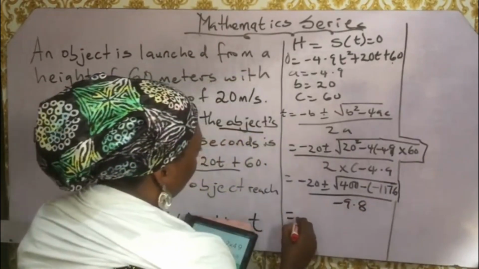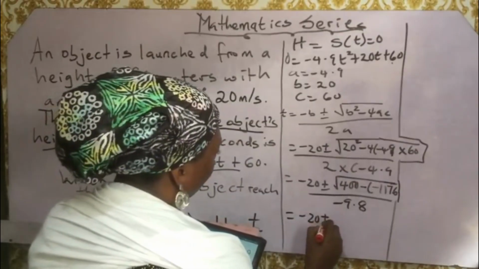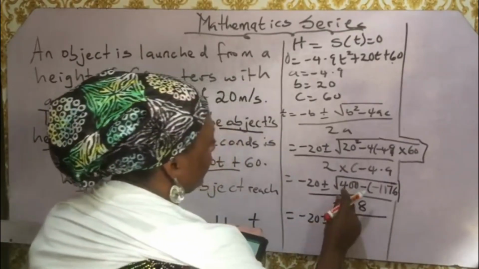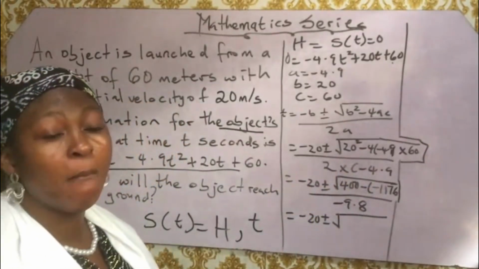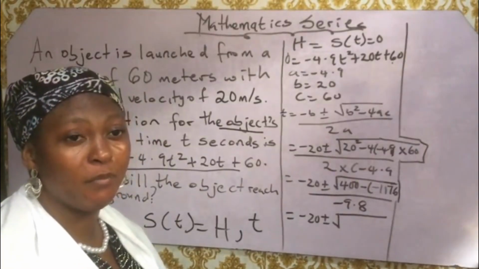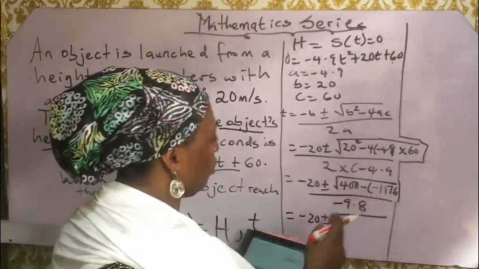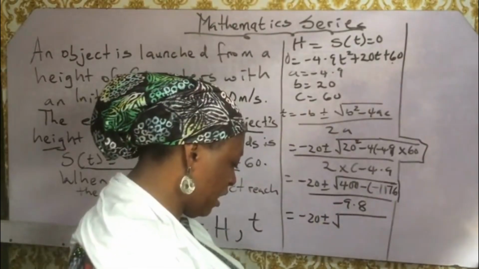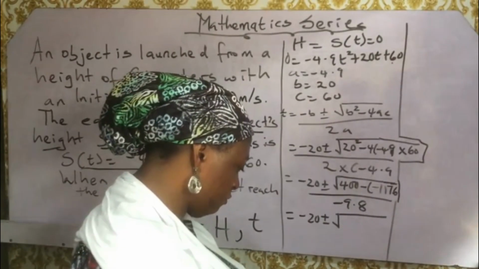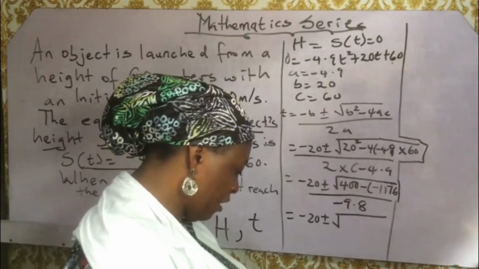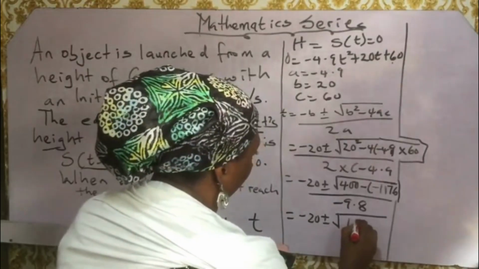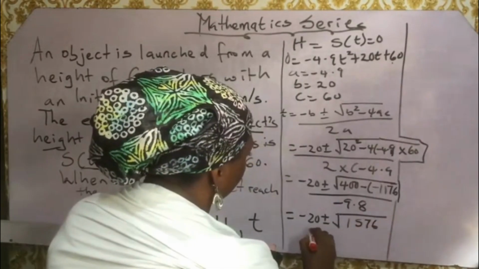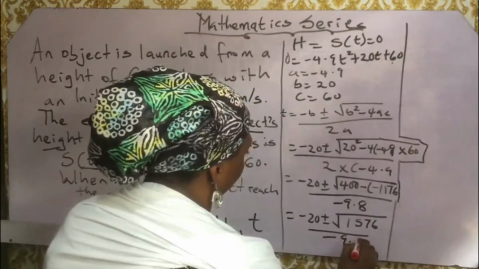So we have negative 20 plus or minus the square root of 400 minus negative 1176. Minus times minus will change to plus, so you have 400 plus 1176. That is 1576, divided by negative 9.8.